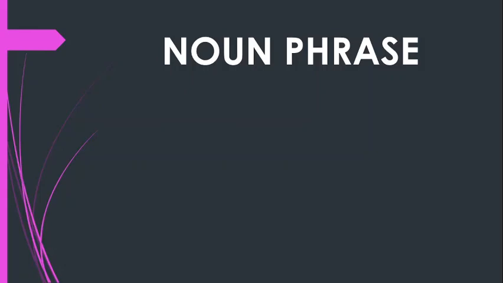Modifiers are also known as dependents because for the completion of their meaning, they are dependent on the noun in question. Therefore, this particular noun in a phrase becomes the head word or the main word. The entire phrase is woven around this noun, and that is why it is called head word.